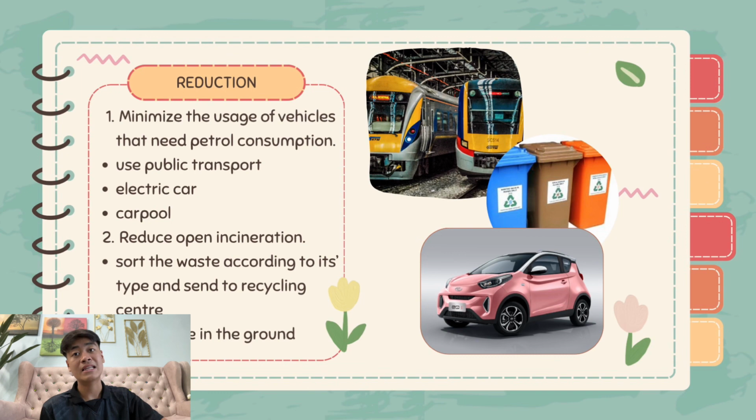Secondly is reduce open incineration. We can sort the waste according to its type and send it to a recycling center or bury waste in the ground. This way is normally done in the kampung.